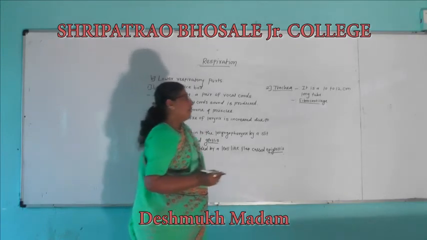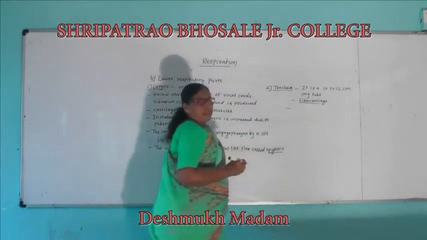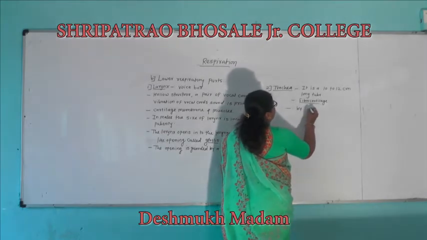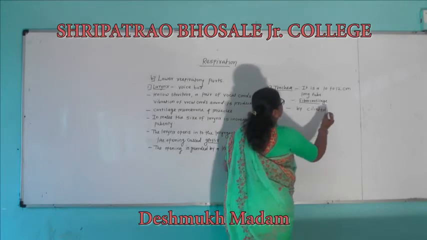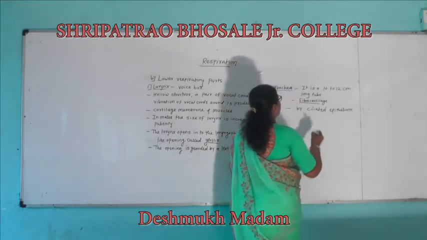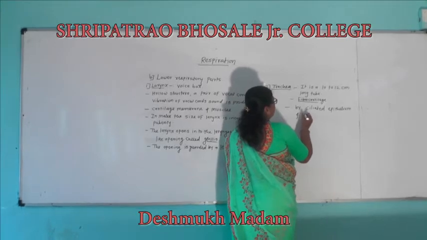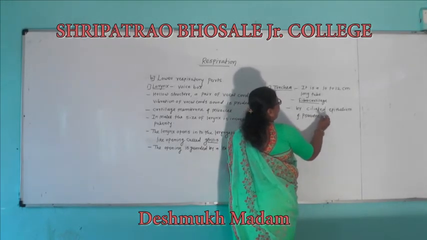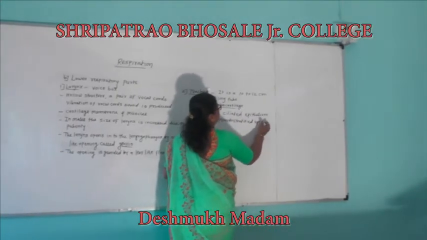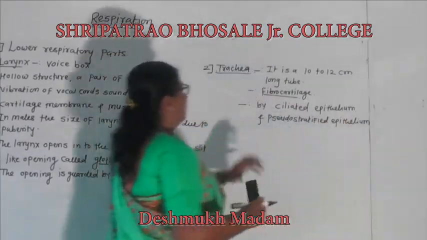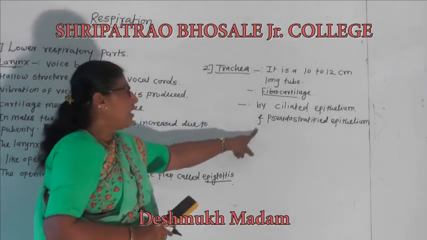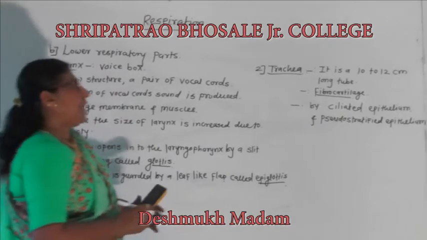The inner lining of the trachea is formed by ciliated epithelium and pseudostratified epithelia.